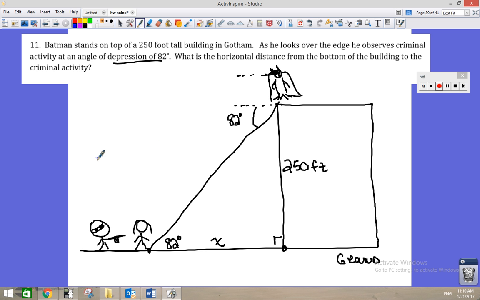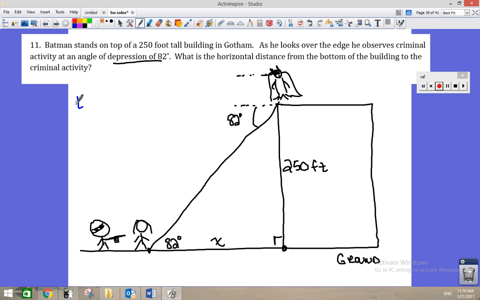Now that we have our criminal activity and Batman, who apparently is going to hopefully stop it, we've got information about the legs, and it's not asking how far he has to glide or travel to jump off the building to get down there.